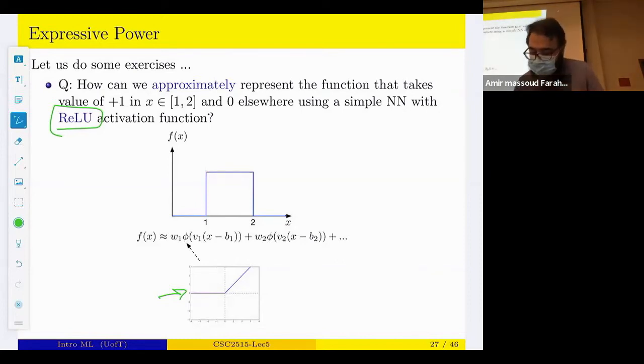So the approximation looks like W1, W2, and each of them has a V1, V2 here. Previously, V was the factor that's multiplied. The input was 1, but here you should choose something else. And there are more than 2 terms. Think about it. It shouldn't be very difficult, but that would be a nice exercise.